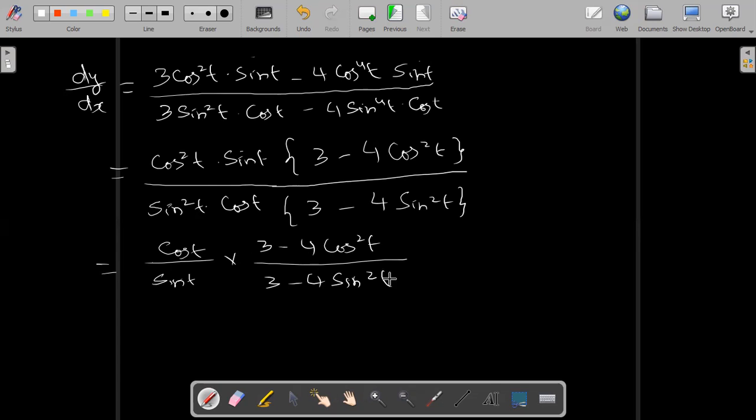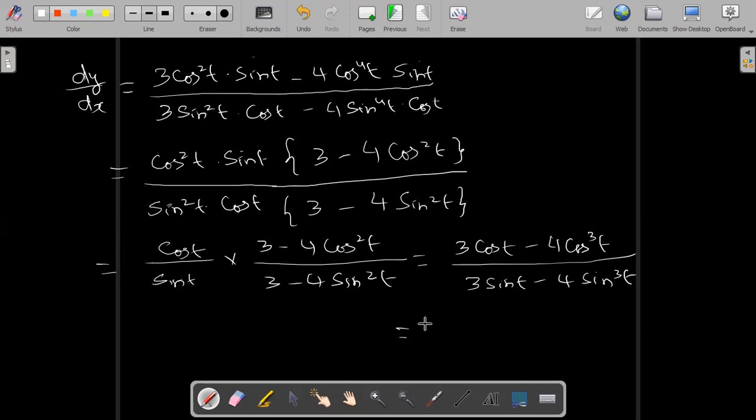Now again multiply this cos, we get the formula. So 3 cos t minus 4 cos cube t, divided by 3 sin t minus 4 sin cube t. The denominator is the formula of sin 3t. But the numerator will be reversed, so we have to take common minus. That means it will become 4 cos cube t minus 3 cos t.